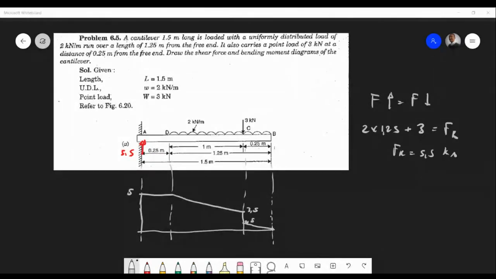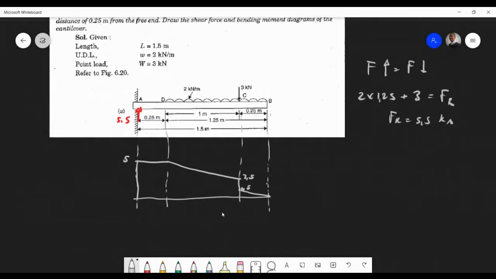Did we all manage to get that? Something like that. Yeah, so that's 0. Did we all manage to get this? 5, 3.5, and then the 3 kilonewton just pushes down to basically 0.5. And who managed to get this? Should have been easy to get.